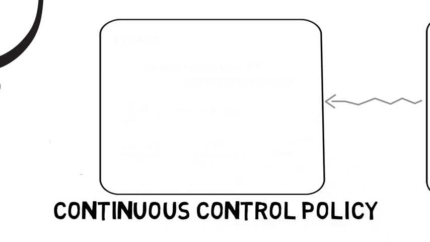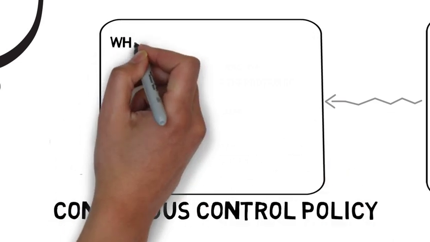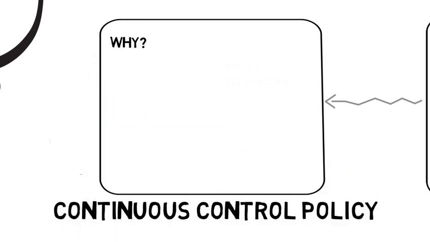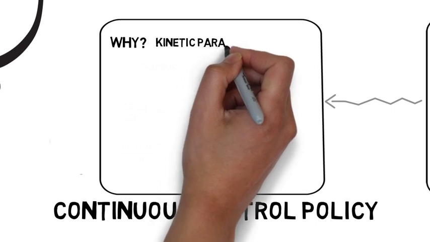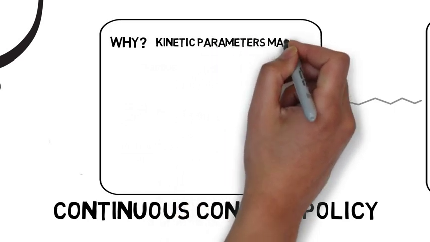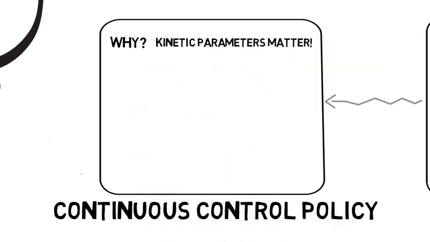But why do we have to convert the logical control directives into their continuous counterpart? Because kinetic parameters are important guidelines for the construction of synthetic genes. Logical control actions are important, but not sufficient for the construction of genes.